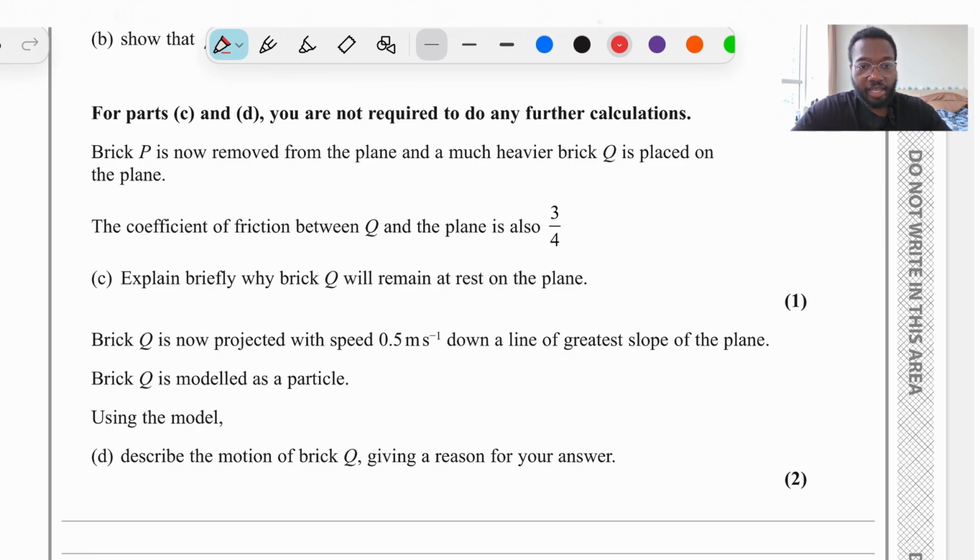So one thing here, because it's projected with the speed of 0.5 meters per second, there is no additional force added, which means that it doesn't actually have any acceleration here. It's just going to travel with a constant speed. So that's something you can say when you need to describe the motion. You just need to describe that the brick is going to move with constant speed.